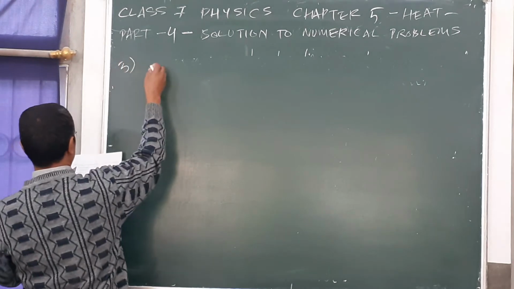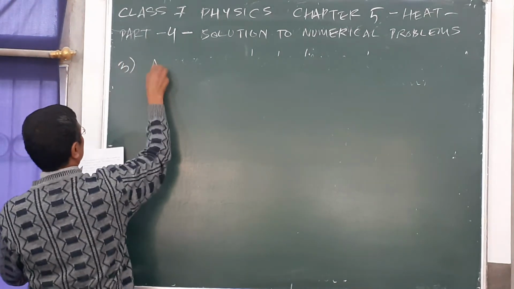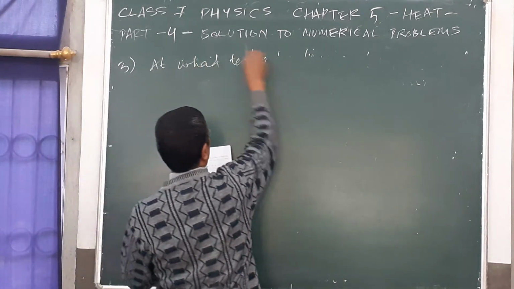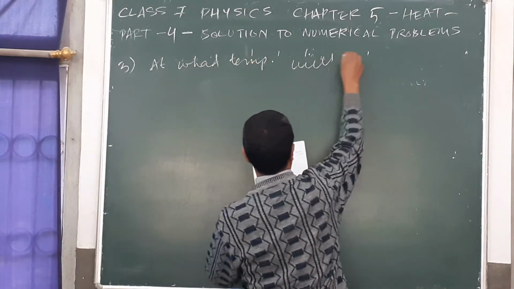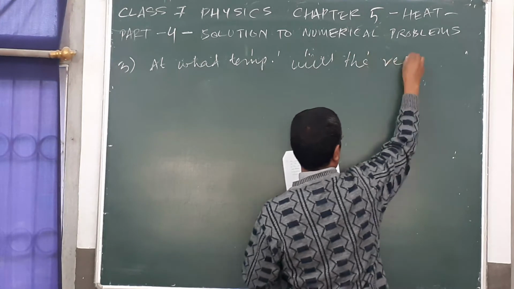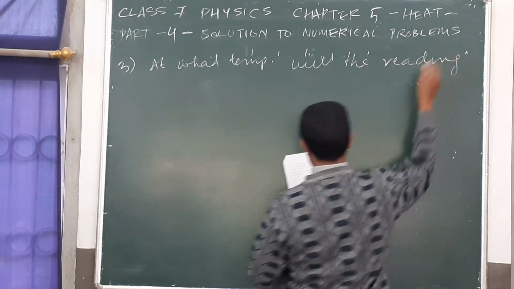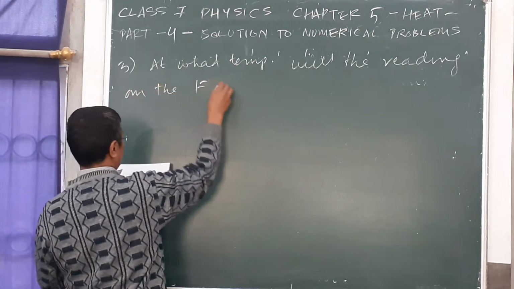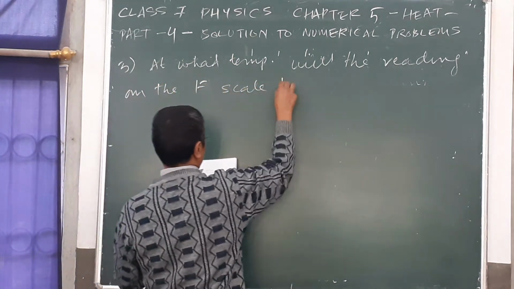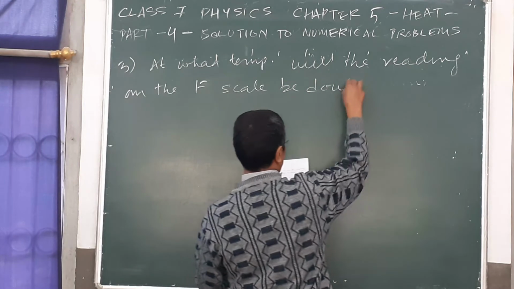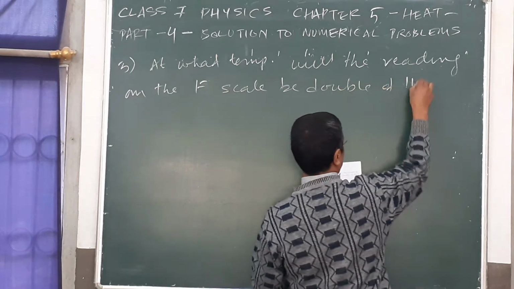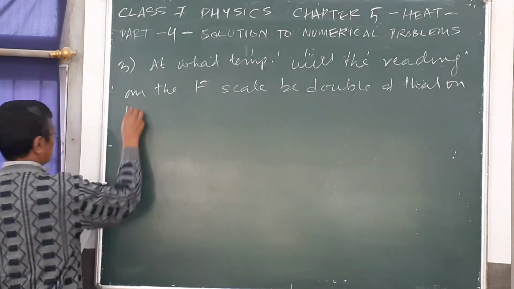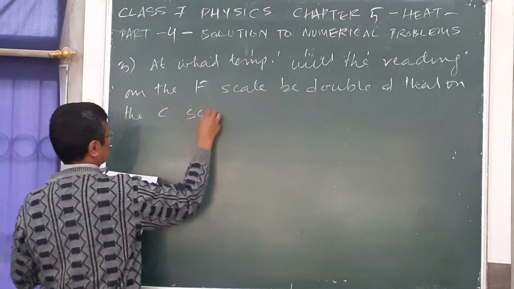Question number 5, it says, at what temperature will the reading on the Fahrenheit scale be double of that on the centigrade scale?